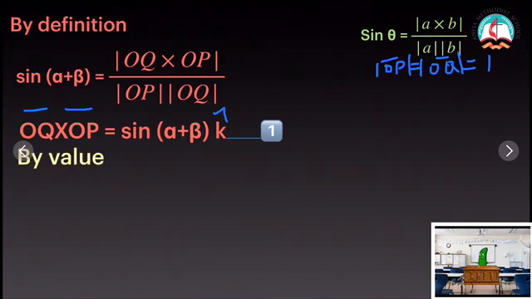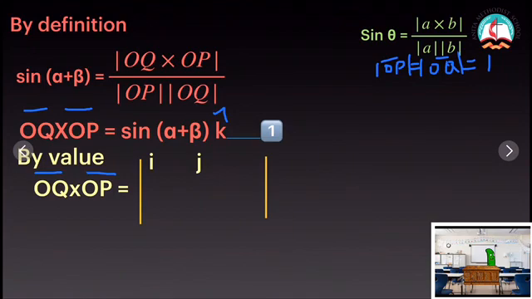Now we are going to find it by value. OQ cross OP, I am going to take the determinant. The first row gives me i j k. Then OQ we write first: cos beta, minus sin beta, and there is no k, so it is 0. Then cos alpha, sin alpha, and no k, so 0.